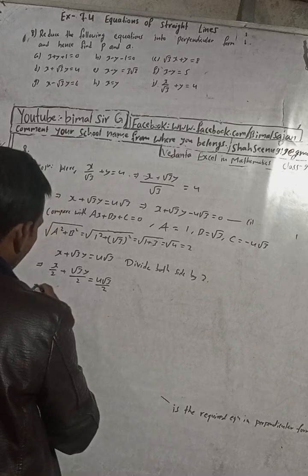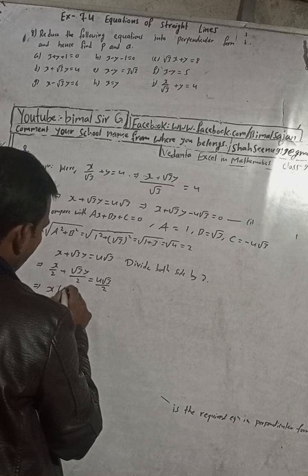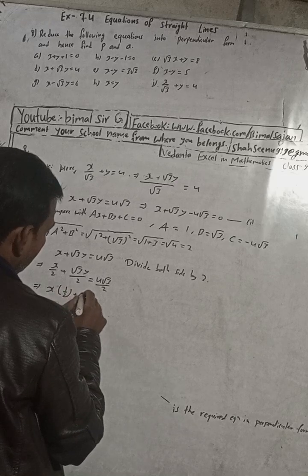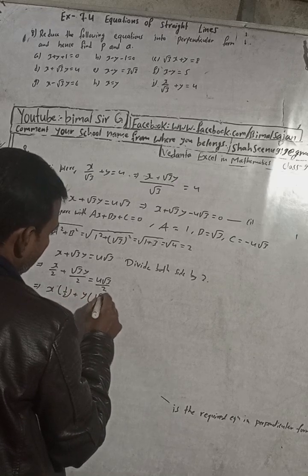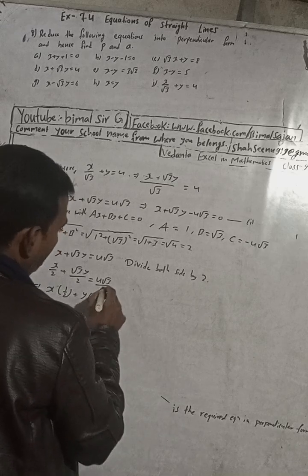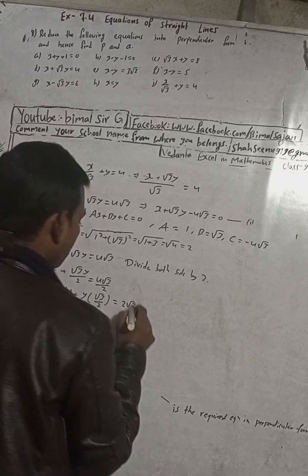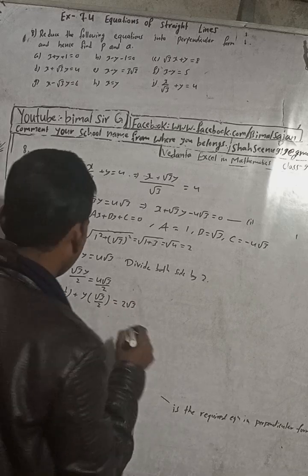So this can be written as x into 1 by 2 plus y into root 3 by 2 is equal to, if I cancel, 2 root 3. Got it?